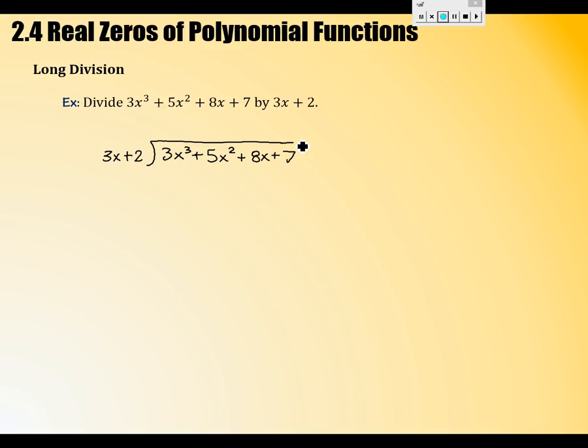How many times is 3x going to be x cubed? That'd be x squared times. So then you subtract 3x cubed plus 2. If it doesn't, you subtract 2 to the next term, 5x.